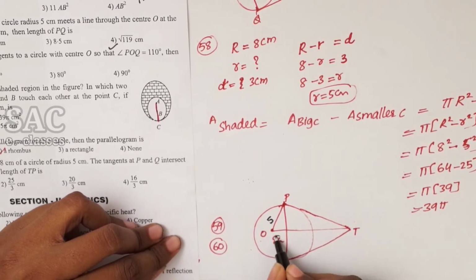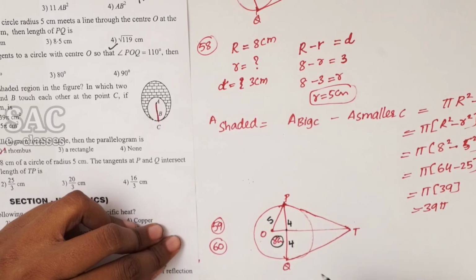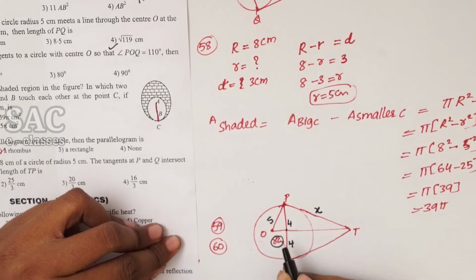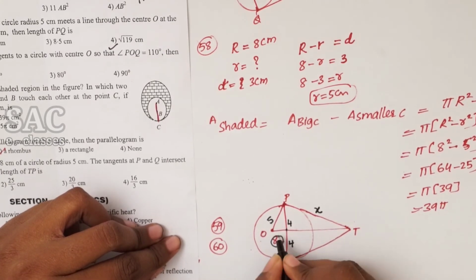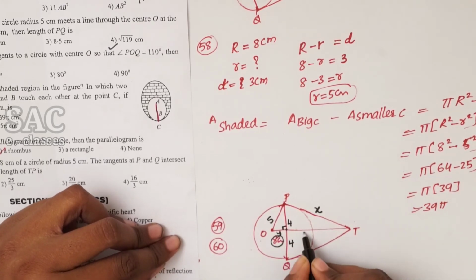PQ is the chord, which is 8. So let us take it is bisected by the radius, which is 4 and 4. Now we require to find the value of this particular x. And I need this particular y also. It is perpendicular, and this is z.